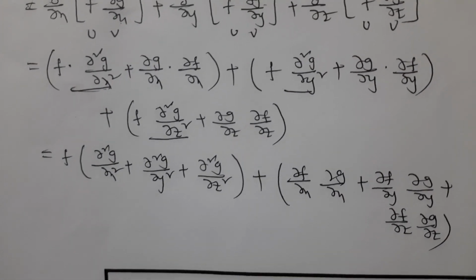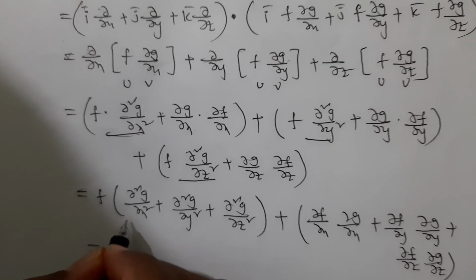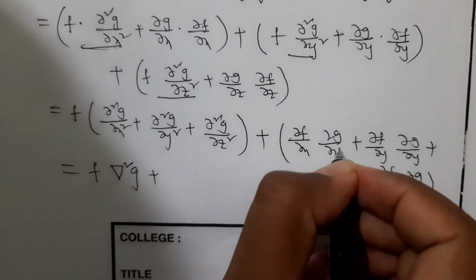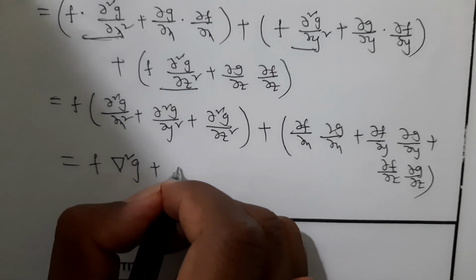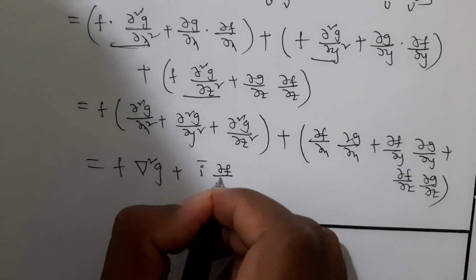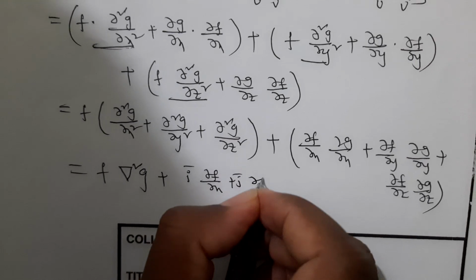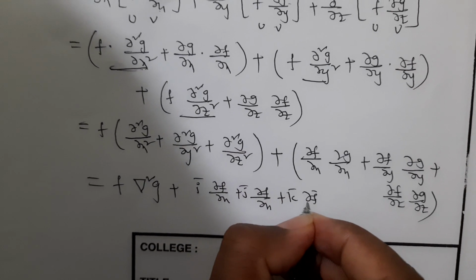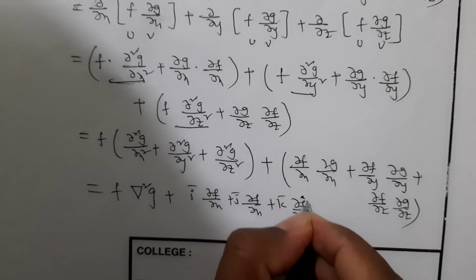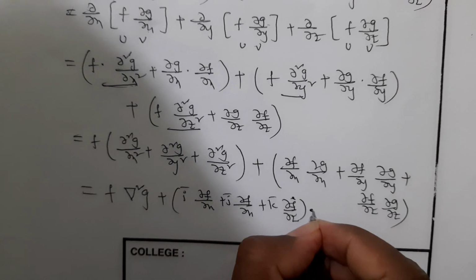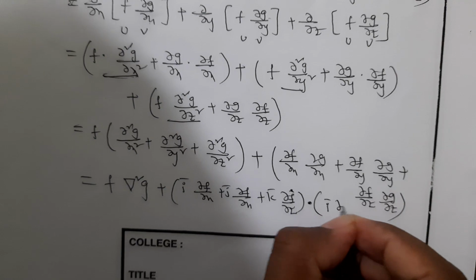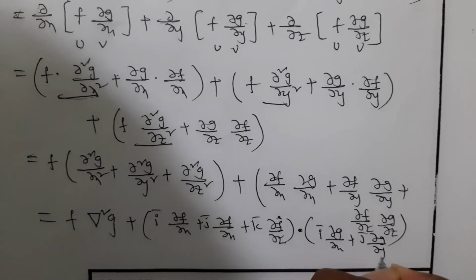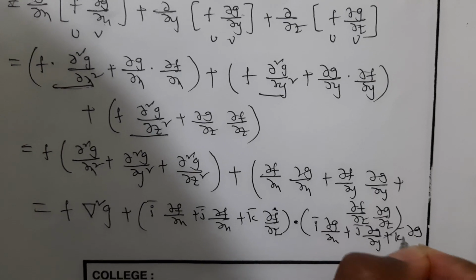Next, this is f into del square g plus i bar into dou f by dou x plus j bar into dou f by dou y plus k bar into dou f by dou z, dot i bar into dou g by dou x plus j bar into dou g by dou y plus k bar into dou g by dou z.